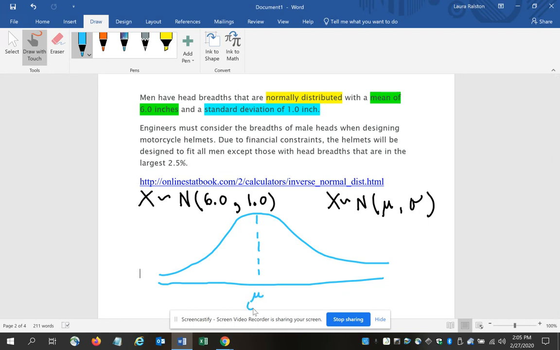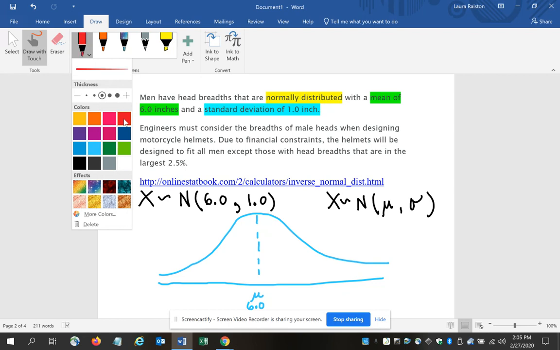Now remember that the mean of the distribution as a measure of center divides it so that I have 50% of the data values below. So 50% of men have head breadths that are smaller than 6 inches, and then I have 50% that is larger than 6 inches because the mean's in the middle. It divides it 50-50.